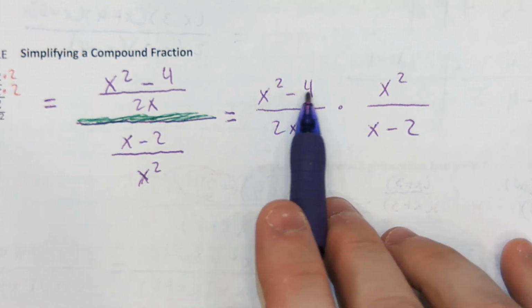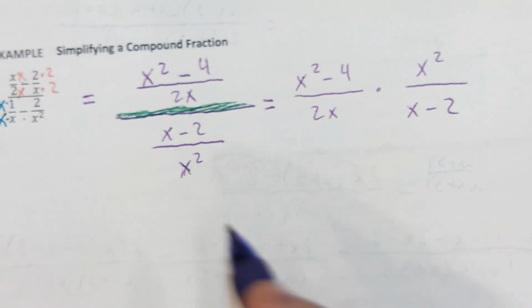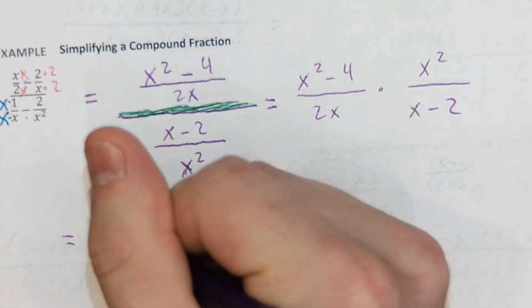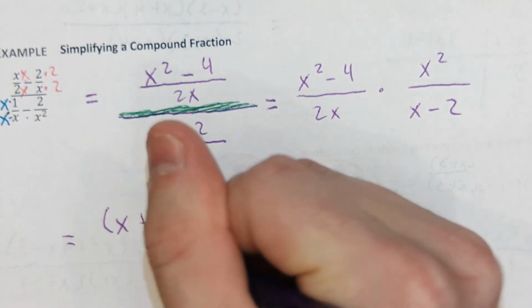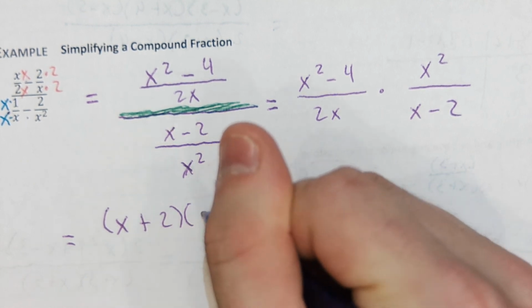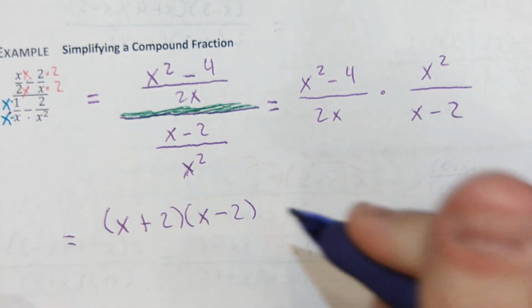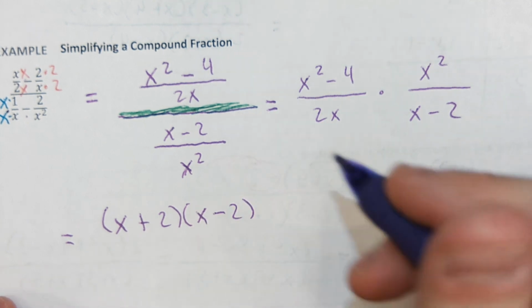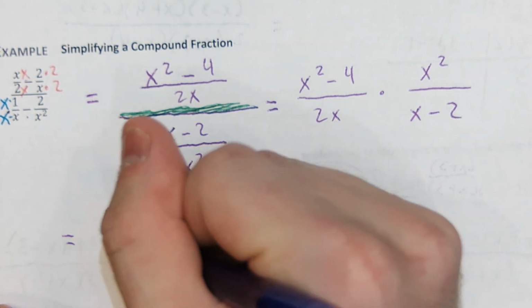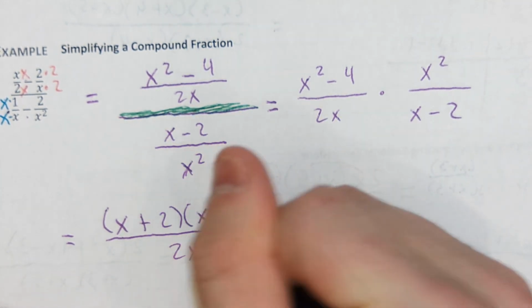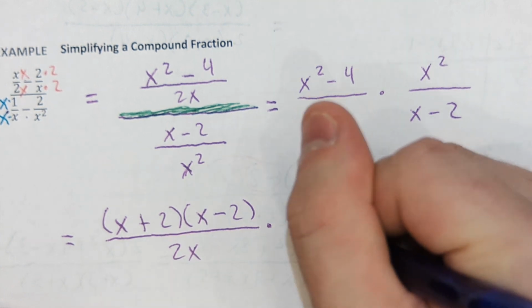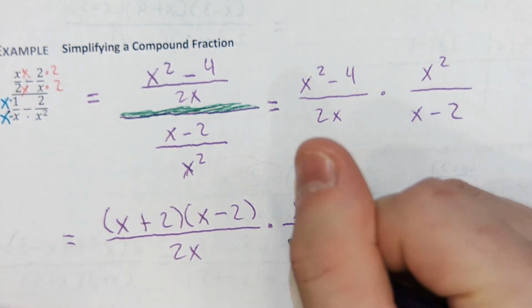Square root plus square root, minus square root. The square root of x squared plus the square root of 4, times the square root of x squared minus the square root of 4. And that's the only thing that factors.